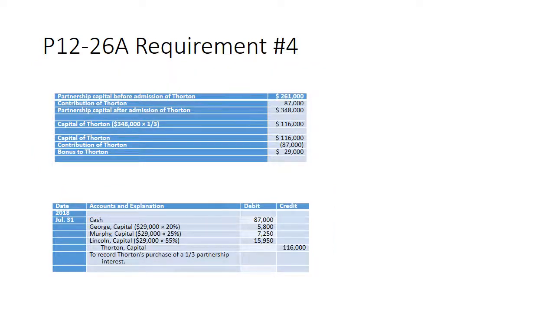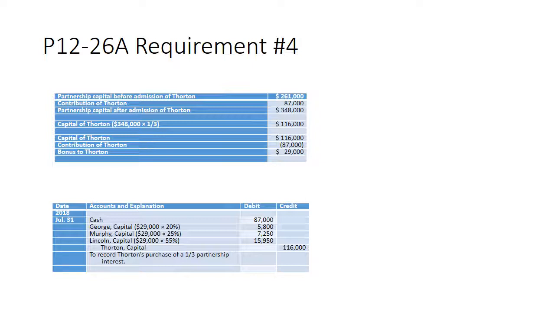The final requirement takes a different approach. He's still giving $87,000, still before three, now four partners, and he's getting 33%, or a 1/3 interest. So the total capital balance in the partnership after he contributes that $87,000 is $348,000.